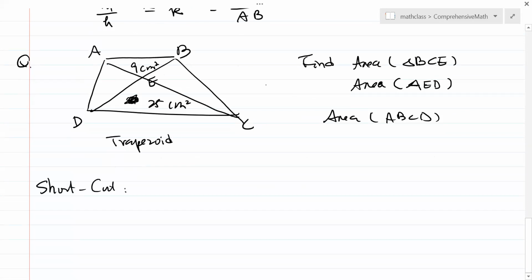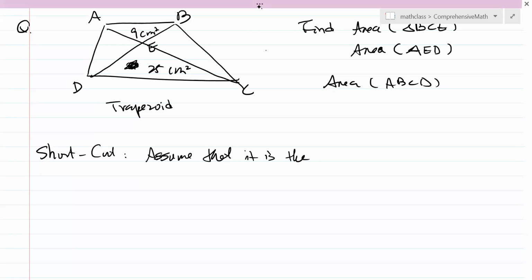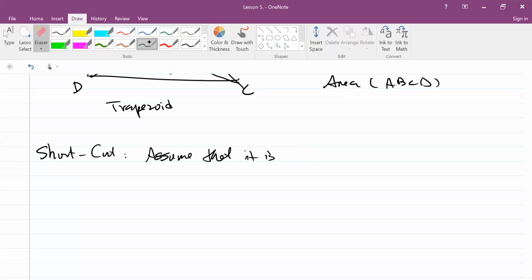So you assume the trapezoid is a right trapezoid. Right trapezoid means that both sides are equal.